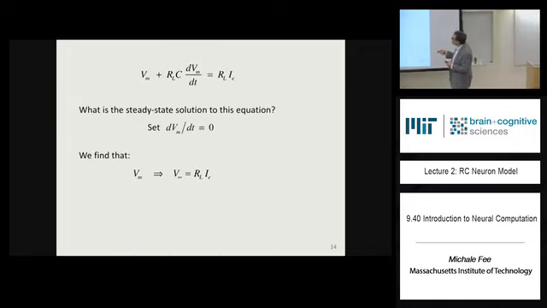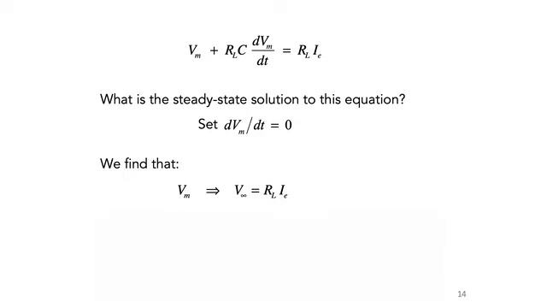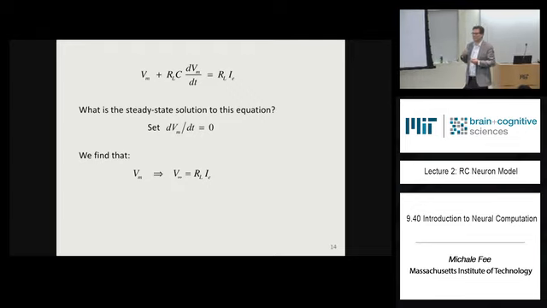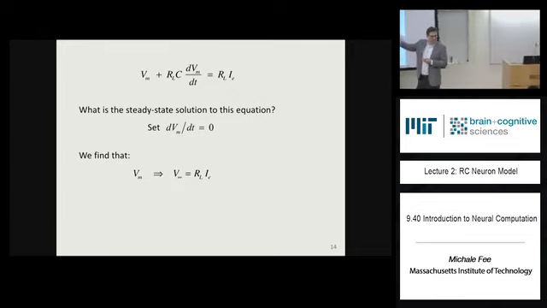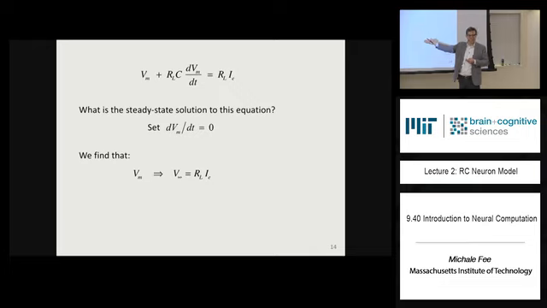Okay, so in steady state, the membrane potential goes to RL times IE, and we call that voltage something special, V infinity, because it's the voltage that the system reaches at time equals infinity. Okay? Any questions about that?